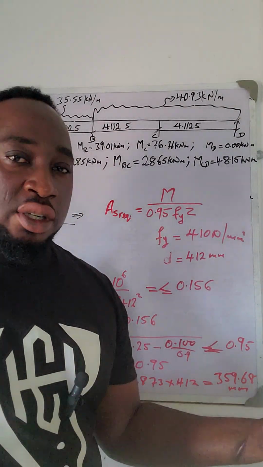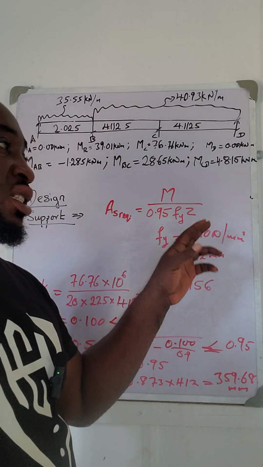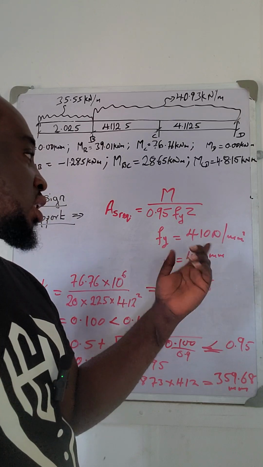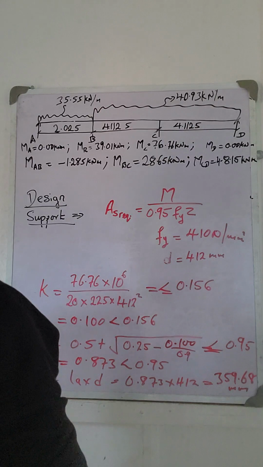In our BS code, I explained this before, we have 460, but the strength of steel in this country is now 410. We are using 410. So let's put the values.